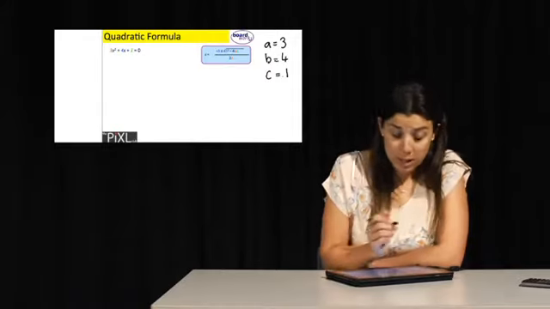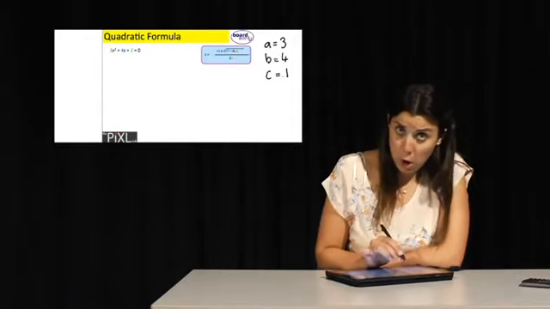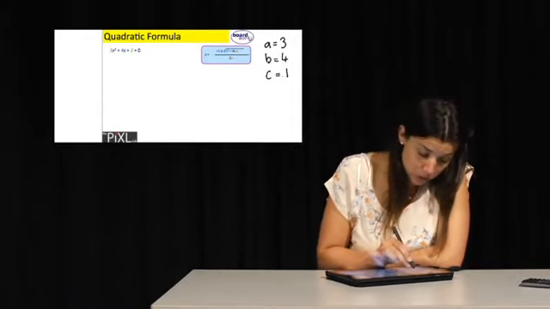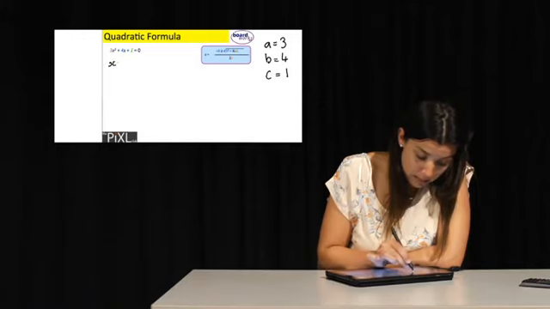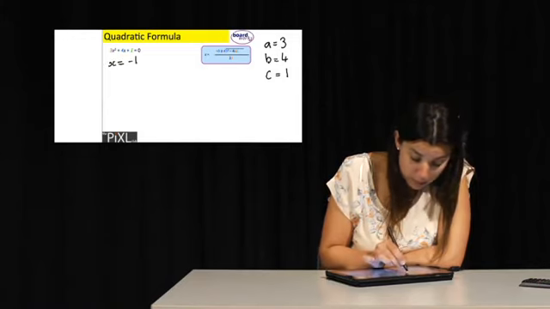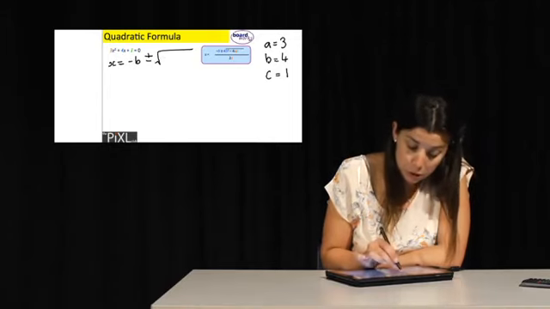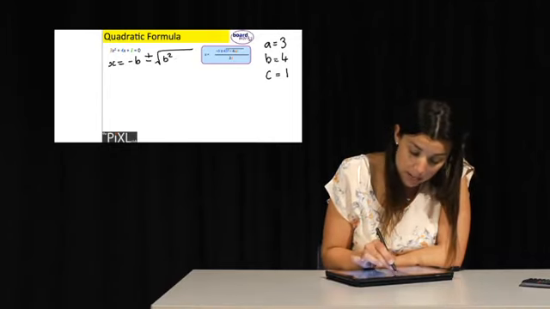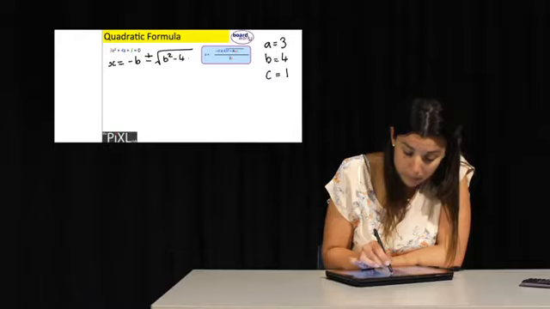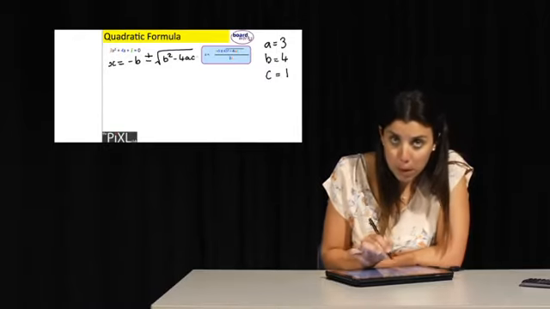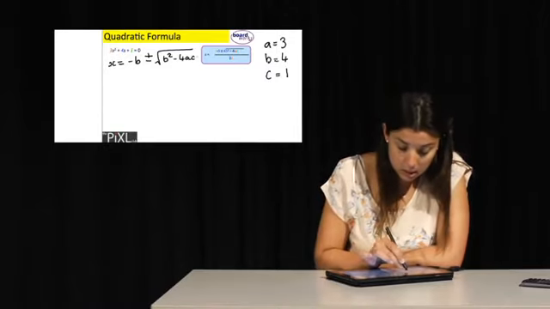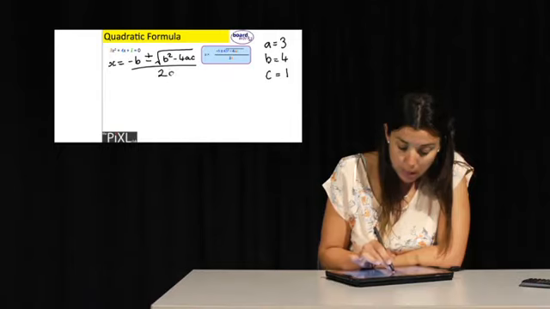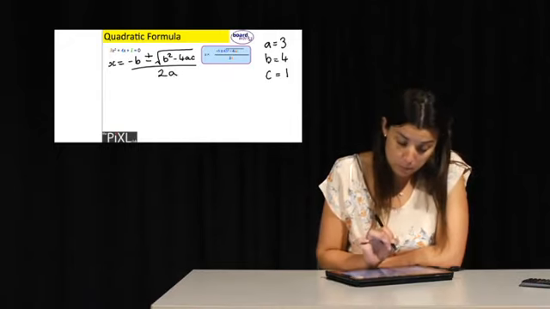Even though it's at the front of your actual exam paper, rewrite it on the page where the question is. So, x equals minus b plus or minus, that's for your two solutions, the square root of b squared, subtract 4ac, 4 multiplied by a multiplied by c, divided by 2a, 2 multiplied by a.